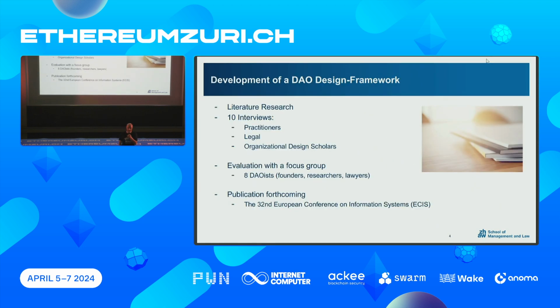So how we built our design framework and how we came about this whole project. Initially, like with every other research project, an extensive literature research was part of this whole research project. But in this regard, with this matter, we did it from 2 different perspectives. One from the DAO perspective, so the DAO literature, but also from the organizational theory perspective.